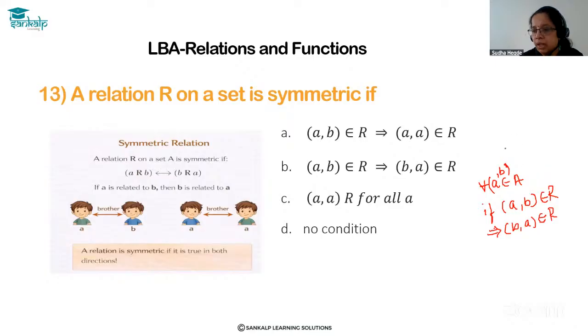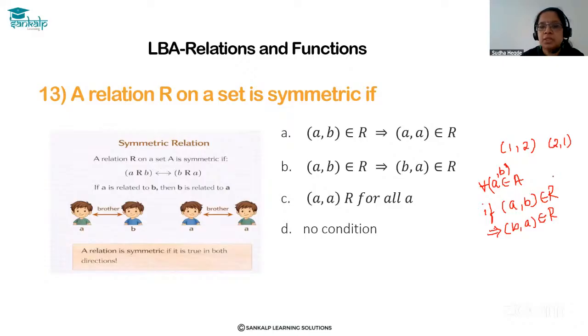For example, in R, if you have (1, 2), and if (2, 1) is also there in R, then R is symmetric.